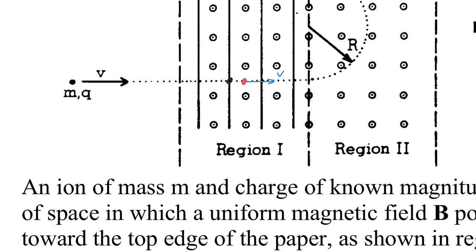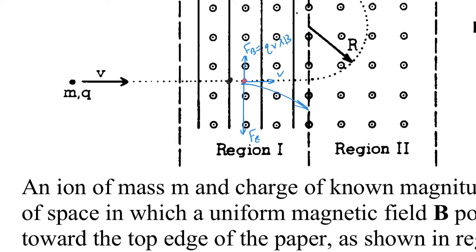The electric field is going to be the same size as it was before, right? Because the electric field has nothing to do with how fast it's going, but the magnetic force will be smaller because the velocity is smaller. qv cross B. q didn't change, v was smaller, so the magnetic force is less. This particle will curve down and strike the wall.